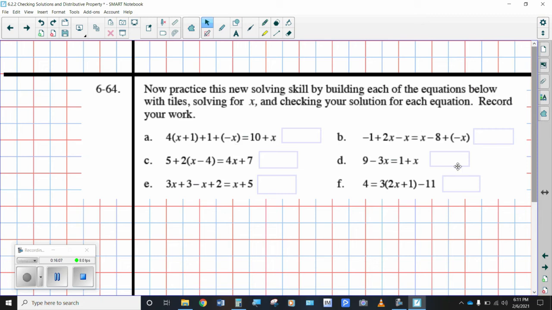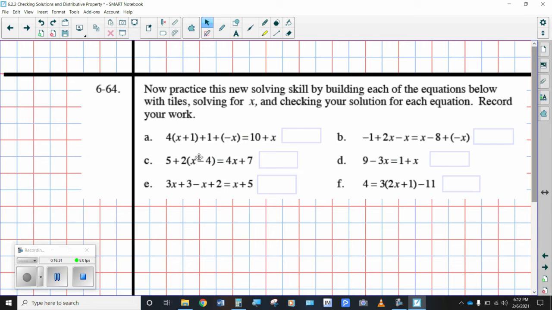After you've got a solution for each one, check to make sure that your answer is correct. Okay? Pause while you do that, and unpause when you're ready to see if you got your answers correct. This is really, really important, okay? This is like a huge foundational piece for algebra.